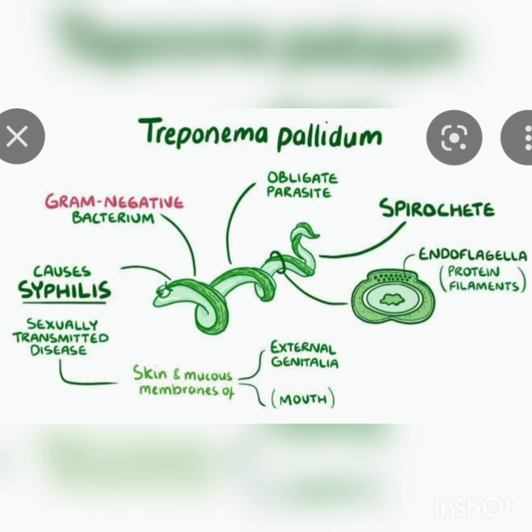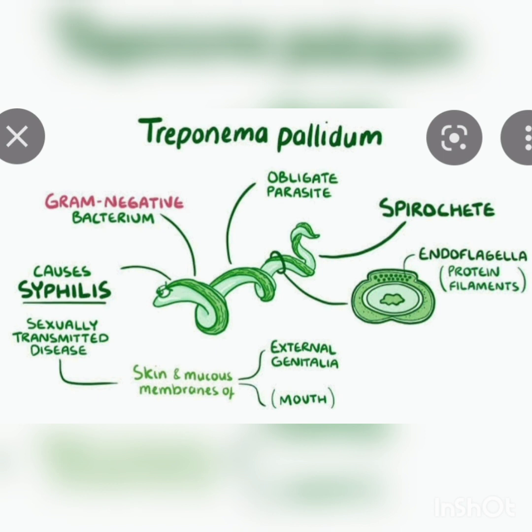The VDRL test has some disadvantages, because it gives false positive results for leprosy, malaria, relapsing fever, infectious mononucleosis, hepatitis, tropical eosinophilia, systemic lupus erythematosus, rheumatoid arthritis, bloodless menstruation, vaccination, and pregnancy.